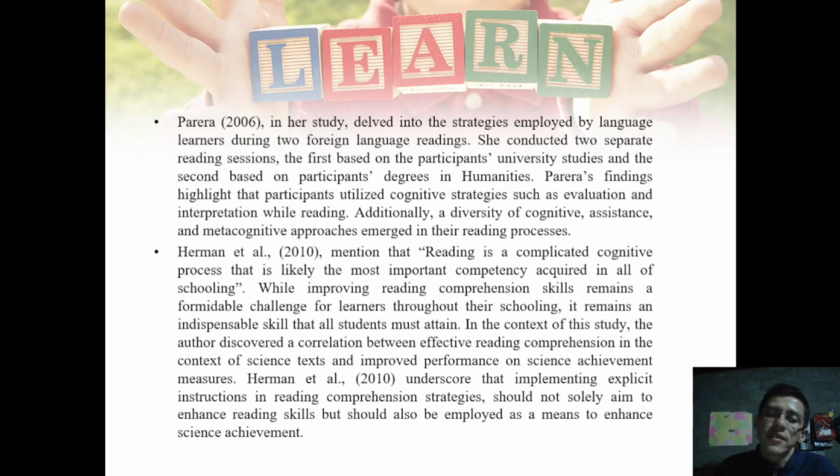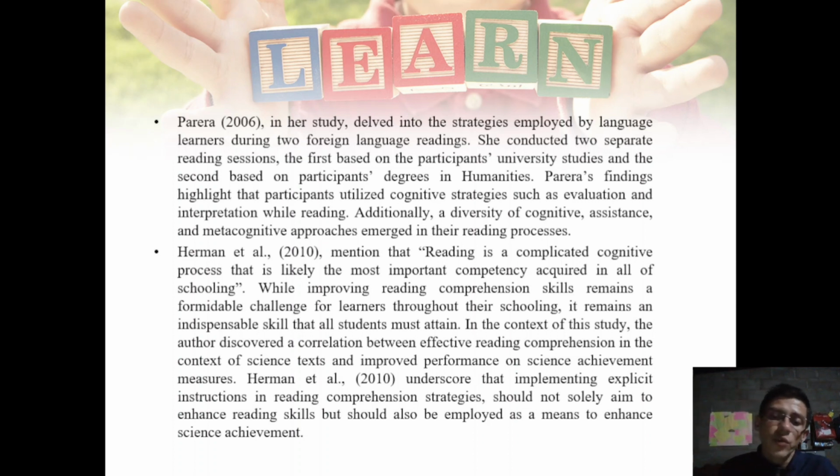Herman mentioned that reading is a complicated cognitive process that is likely the most important competency acquired in all of schooling. So, teachers, professors, we already know that reading is a little bit complicated to develop, even in our mother tongue, because it's how we interpret the written text, and it's not possible to read a sign without having the knowledge of how to read different portions of text correctly.